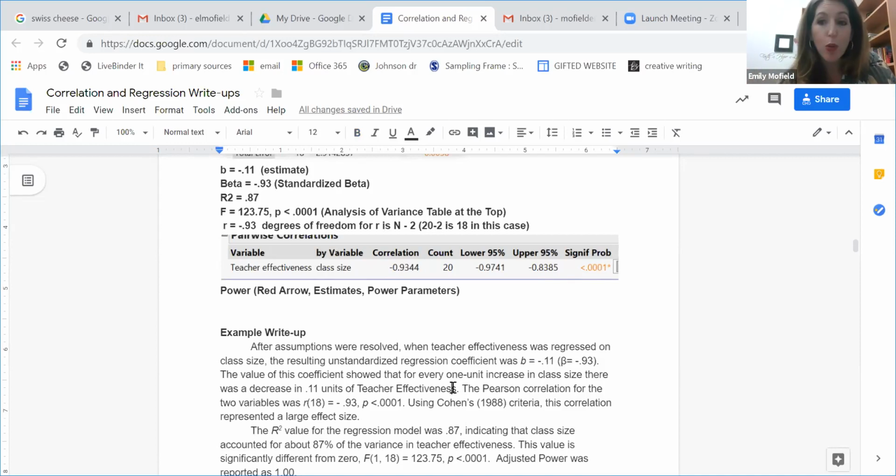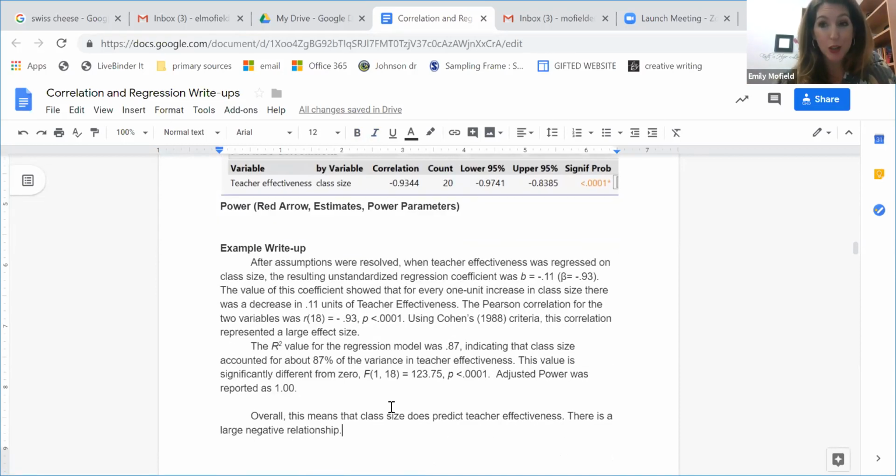You don't have to report Pearson-R correlation, but you can, and it should be the exact same thing as what your standardized beta coefficient was, and indeed it is, okay? You do need to report what the R squared was, and explain 87% of the variance was explained by the predictor variable.